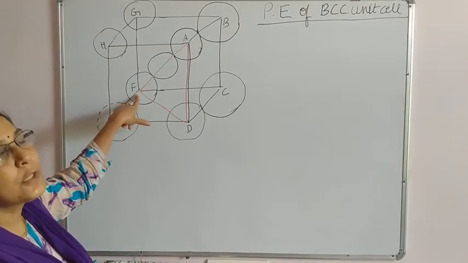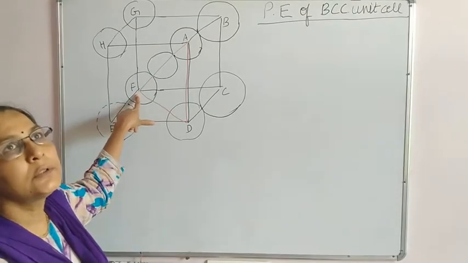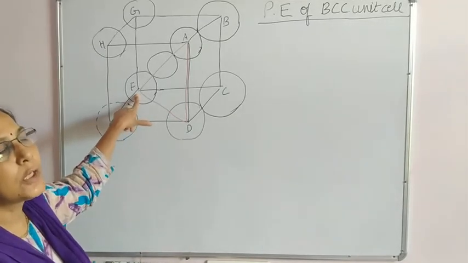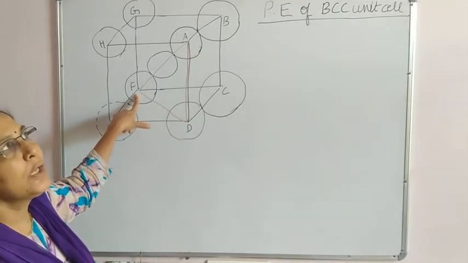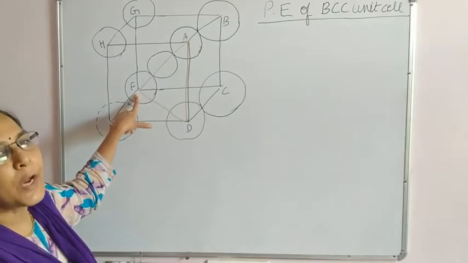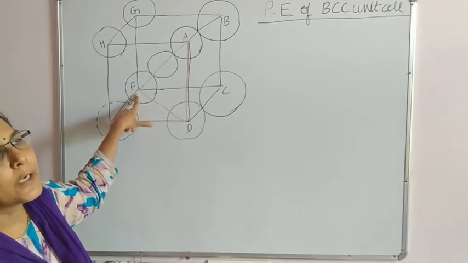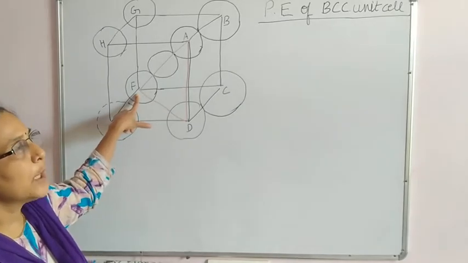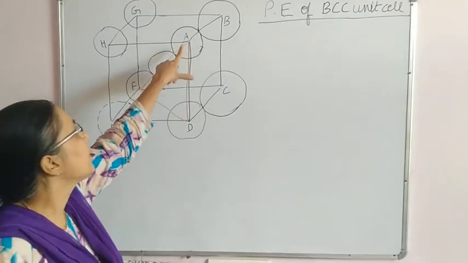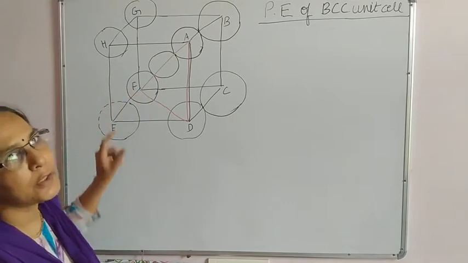You can imagine that you are sitting in a room at one top corner, and you draw a diagonal which passes through the center of the room to the corner at the floor. Then you can understand what type of diagonal AF I have taken.